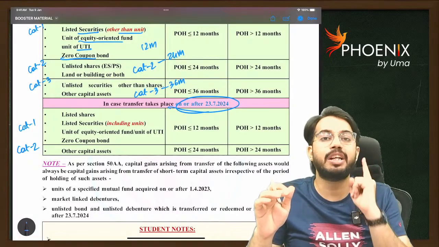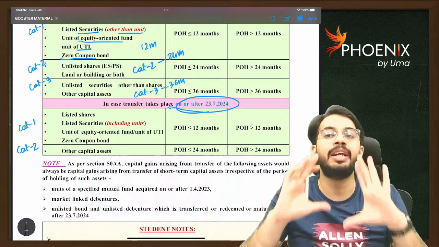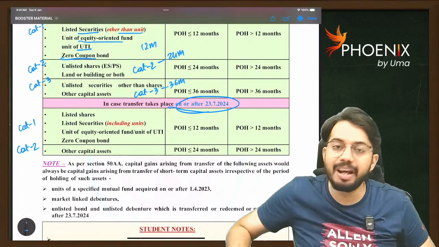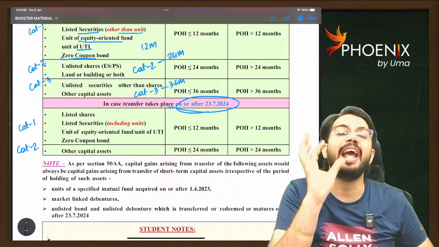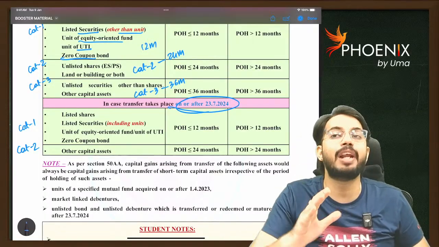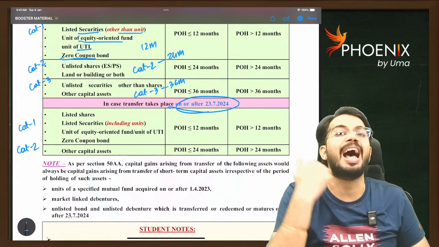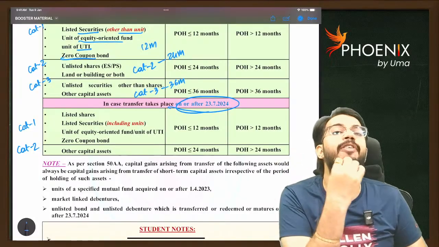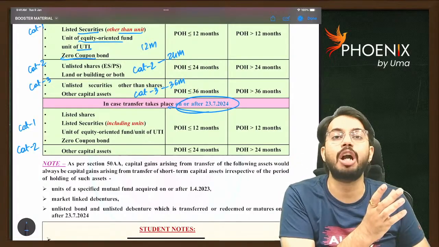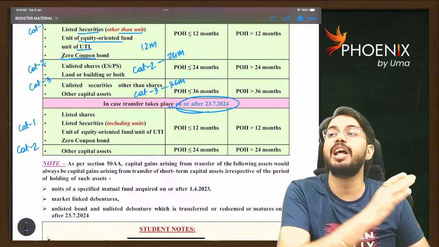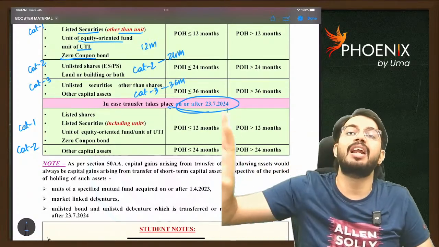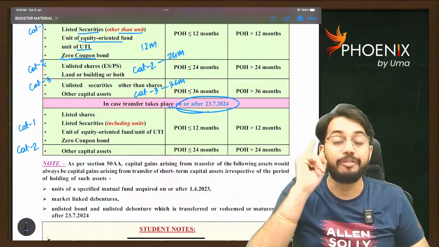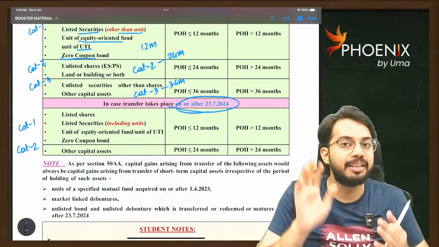Okay, don't get confused. Whenever you see a capital gains problem, always first you need to check the date of transfer. If date of transfer is before 23rd July, tax rates are different. Criteria for classification, long term or short term, that criteria is also different. On or after 23rd July, another criteria will apply. So for your attempt, especially, this is an amendment.